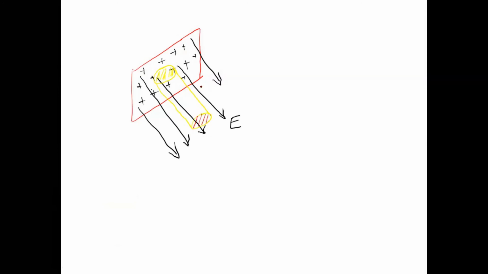On the curved surface area, there are no electric field lines passing, because the curved area is perpendicular, at 90 degrees, to the electric field lines. The cosine of 90 is 0, so there is no flux passing there. You can even see it, because there are no electric field lines passing there.